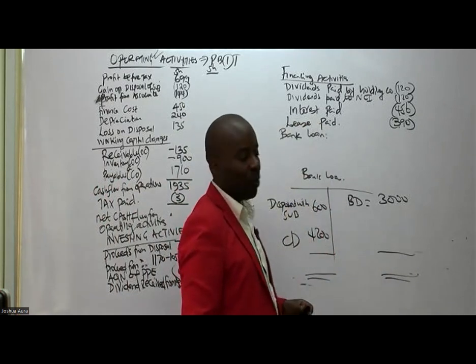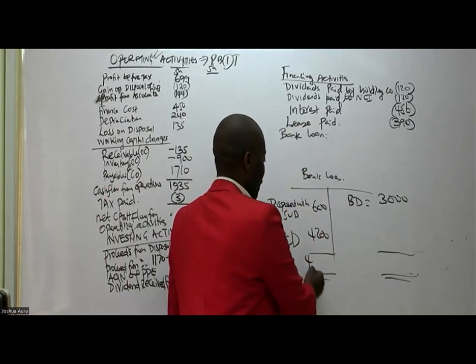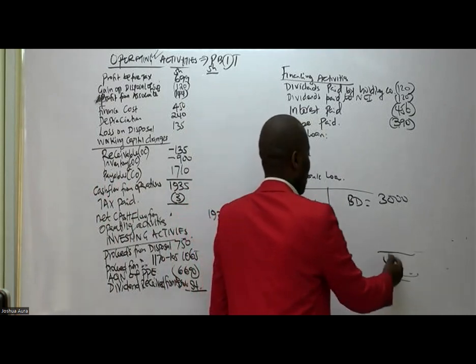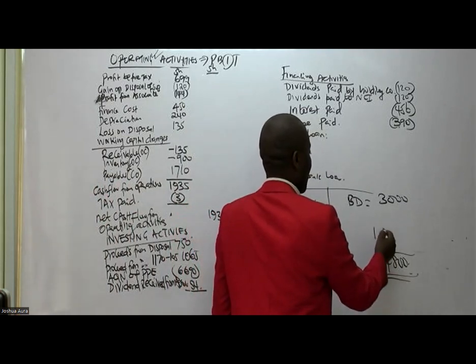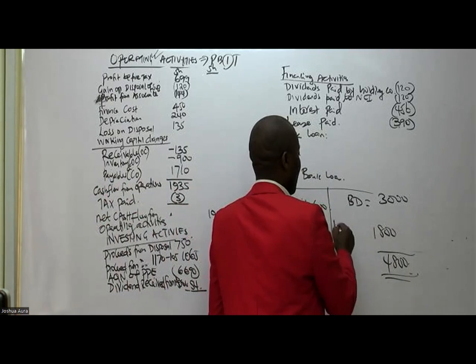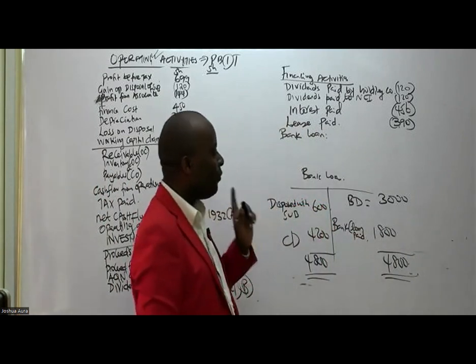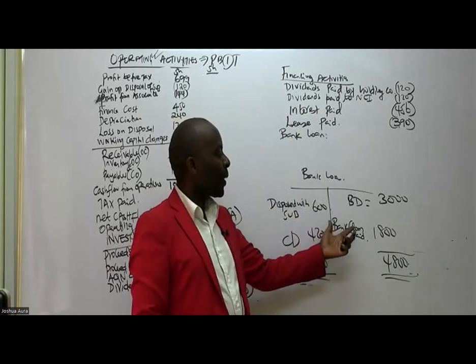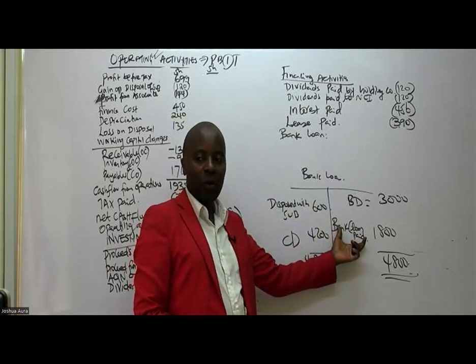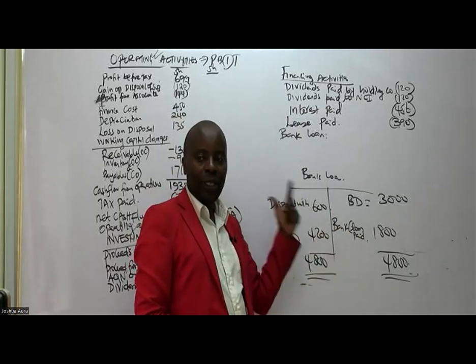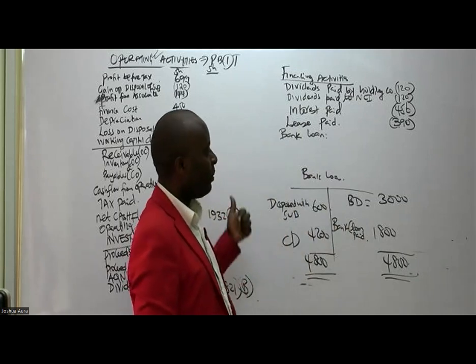So new balance, what are we able to see? We have here 4,800, meaning that we must have received a bank loan. Because you know here, we are crediting this account and then we debit our bank account.